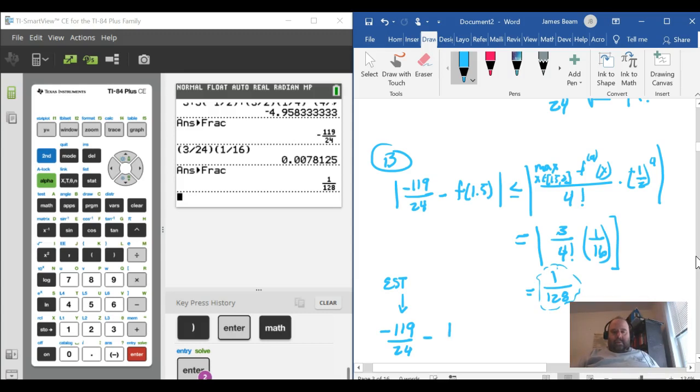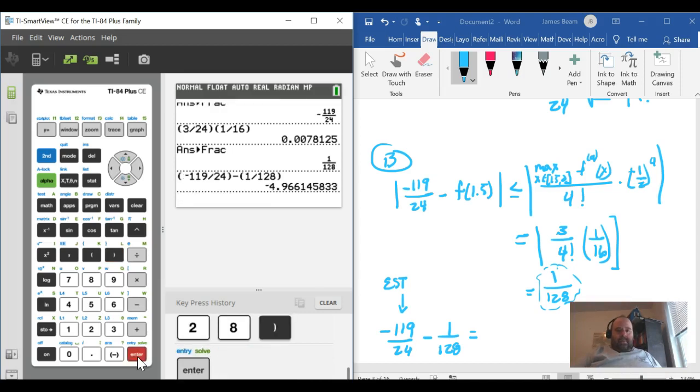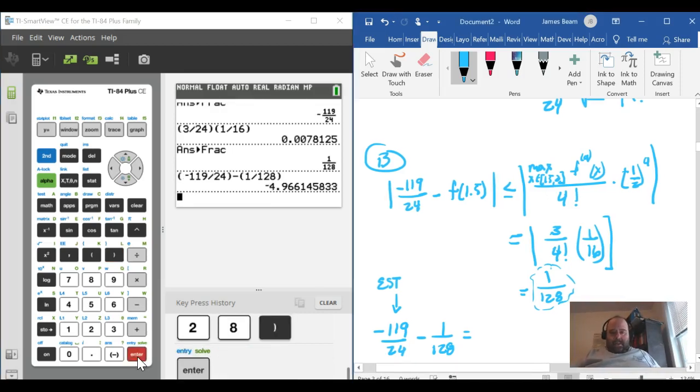So going downward, the lowest number that I can hit is this, right? So let's take negative 119 over 24, and then subtract 1 over 128, which gives me negative 4.966, which is greater than negative 5.